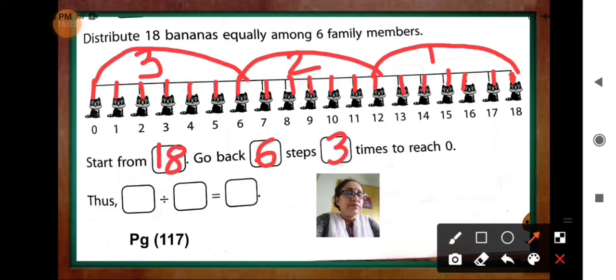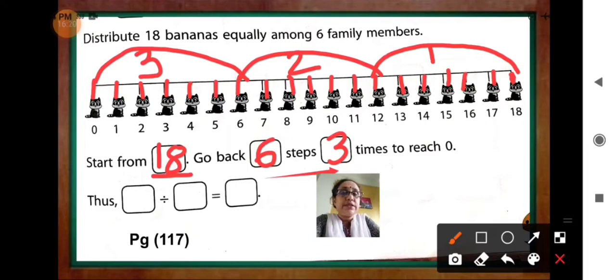Okay? And you know 6 multiplied by 3, or 6 threes are 18. Yes? Now next line.